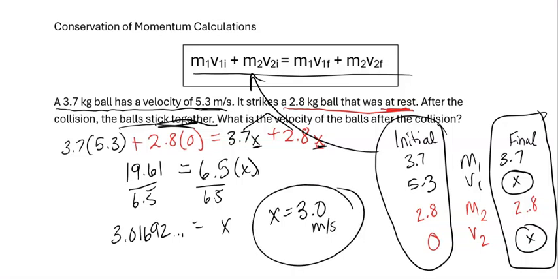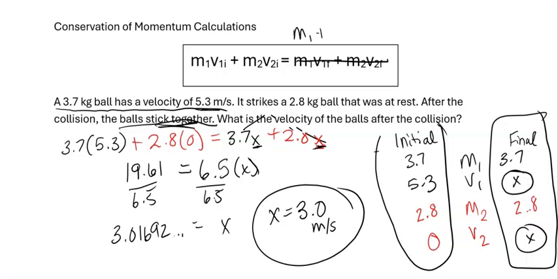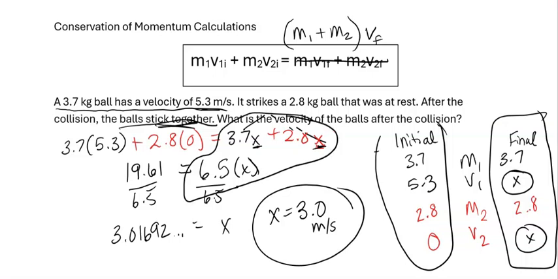Now, another common way that you will see people solve this type of problem is they might write the second half of this equation as mass 1 plus mass 2 times that final velocity. And that is actually still the same thing that we did right here. I just wrote it out using the original formula, but it is the same thing.